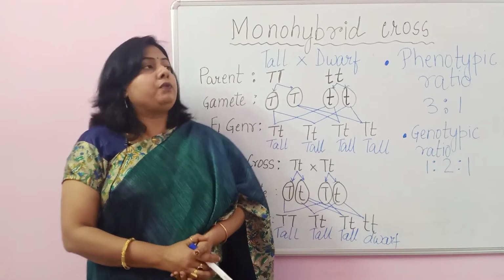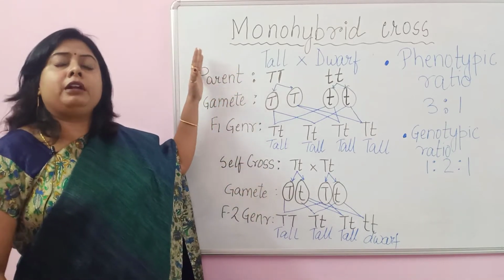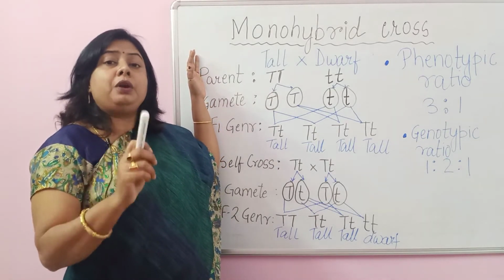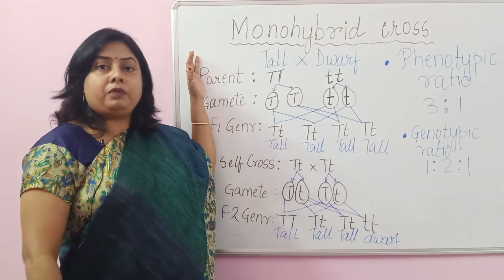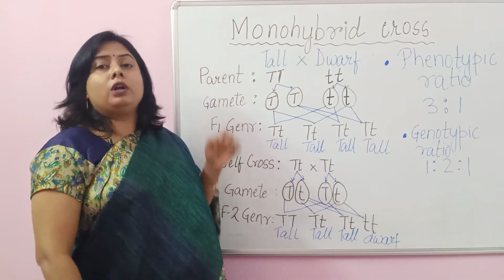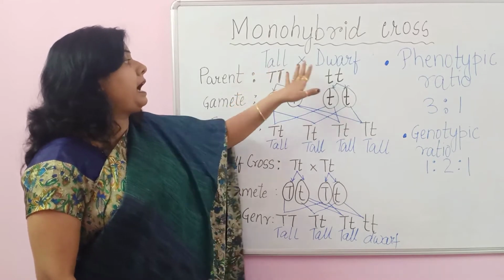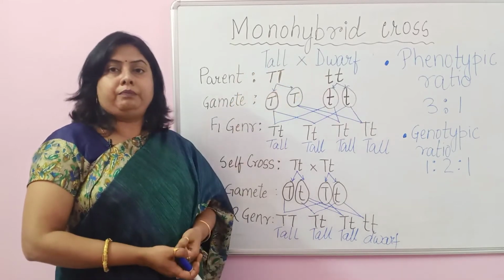Here, Mendel first took the character to be plant height, and its two alternate forms that he found were a tall plant and a dwarf plant.